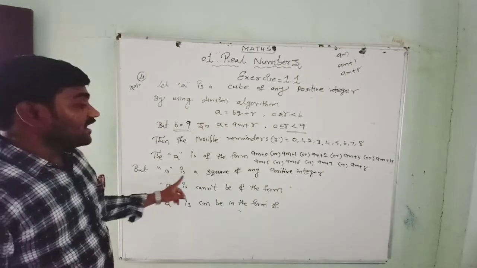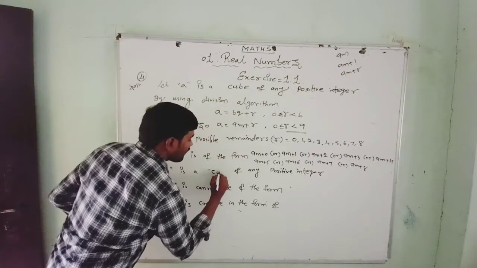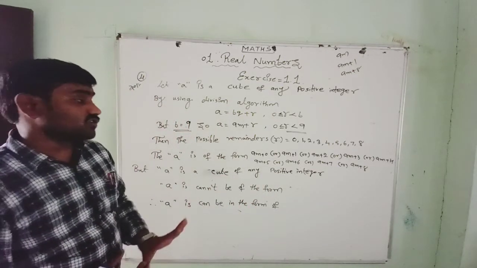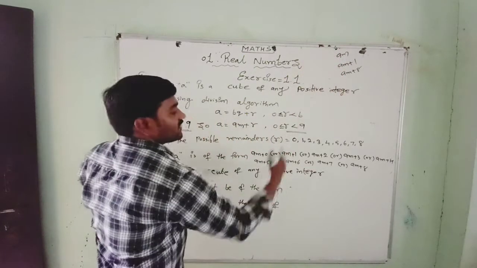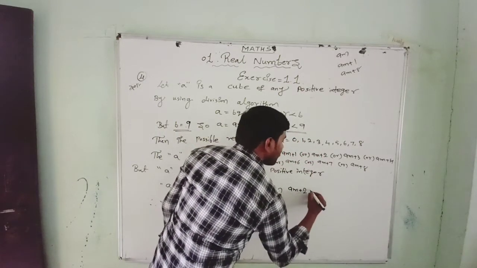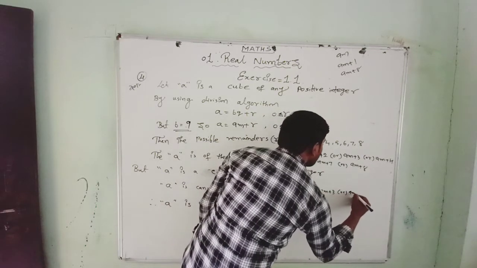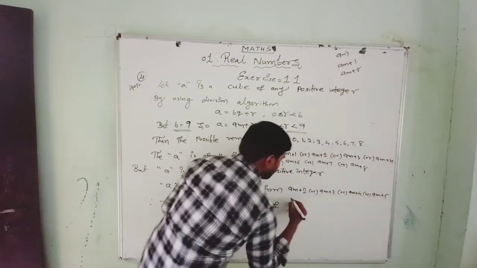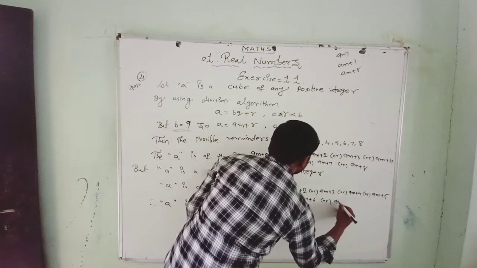Then a is a cube of any positive integer. So a cannot be in the form of 9m plus 2, 9m plus 3, 9m plus 4, 9m plus 5, 9m plus 6 or 9m plus 7, as we have shown.